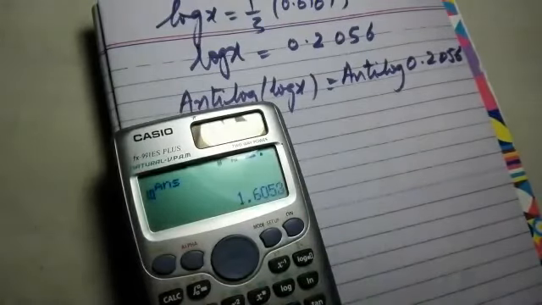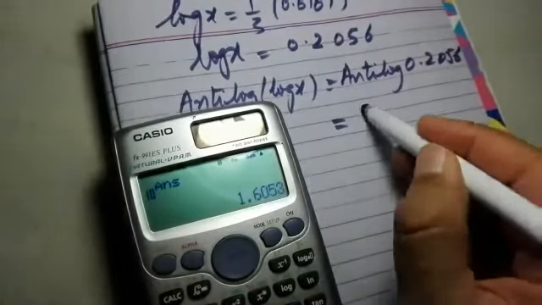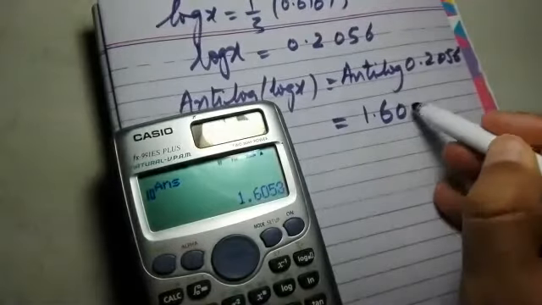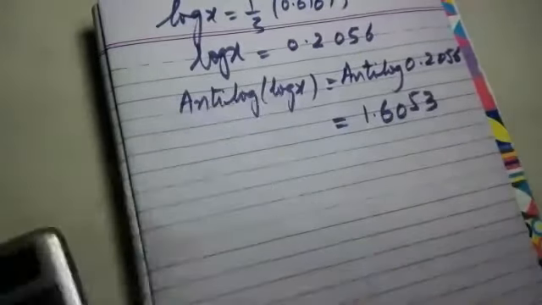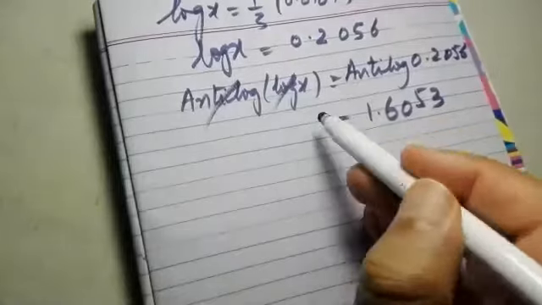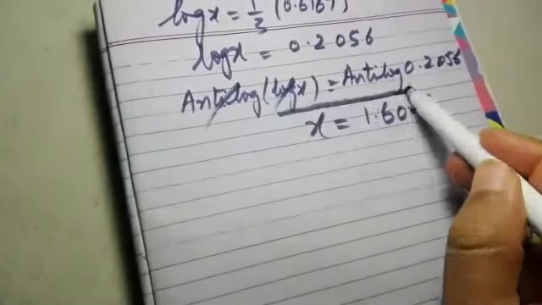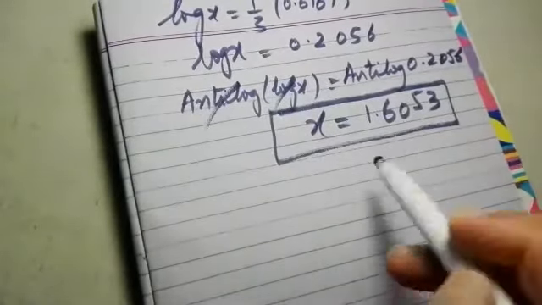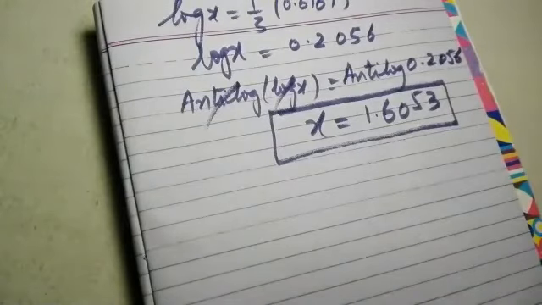It will return me 1.6053, which is the application of anti-logarithm. And on the left hand side, log and anti-log will cancel, and you will get back the original question's answer that was assumed as equal to x.